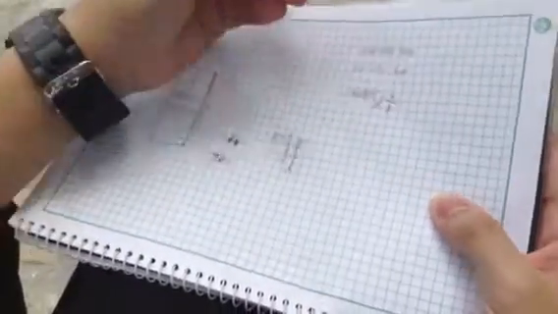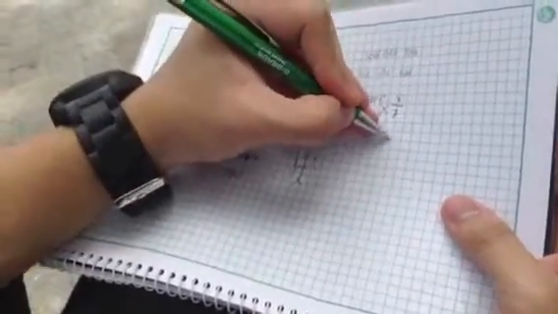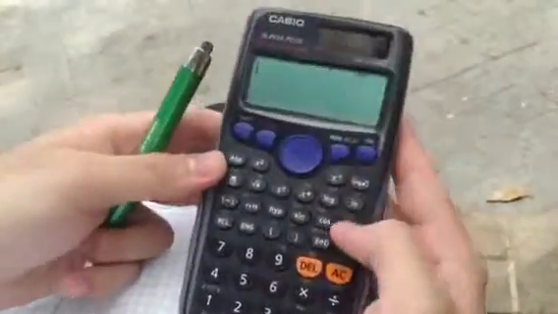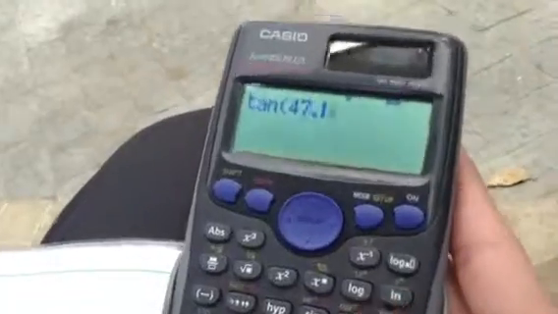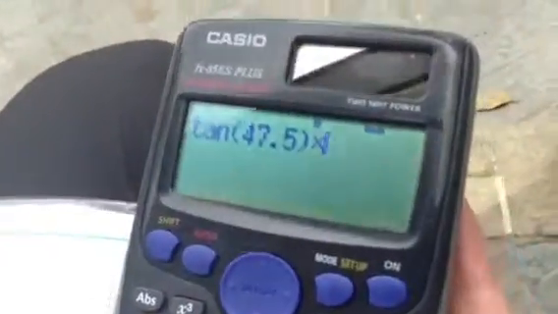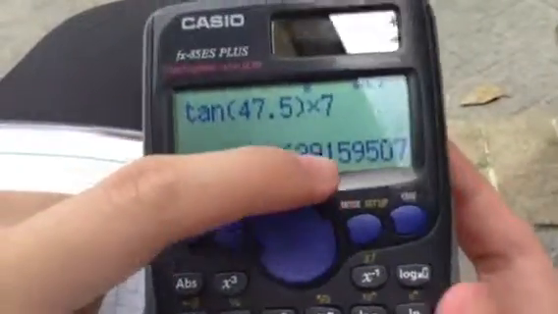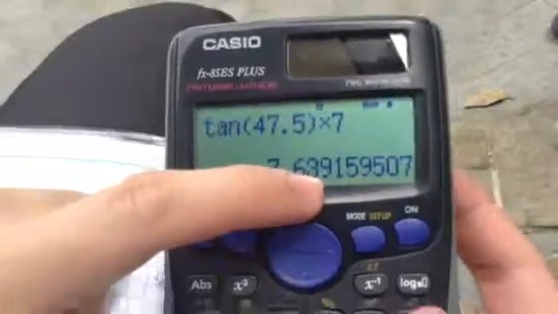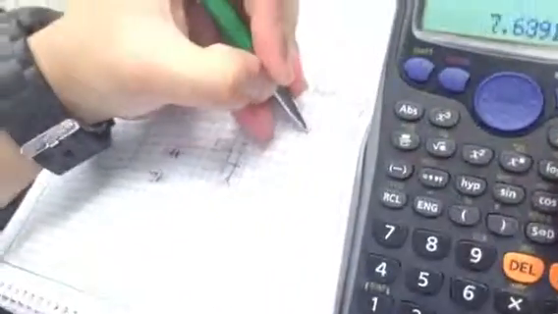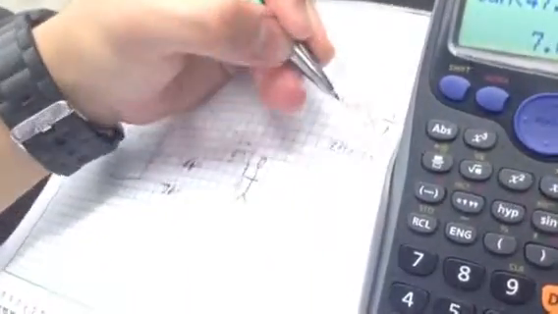When you solve for that in the calculator, your x would be approximately equal to, as you can see here, tangent 47.5 times 7. You get about 7.64 because we have to round off to the first two decimal places. So you get 7.64 meters.